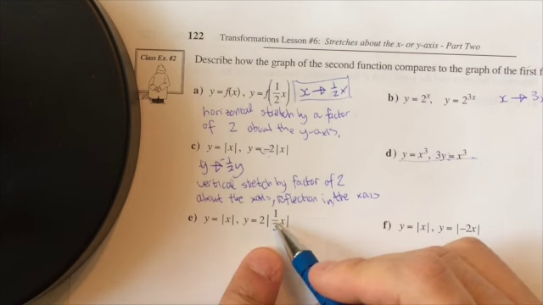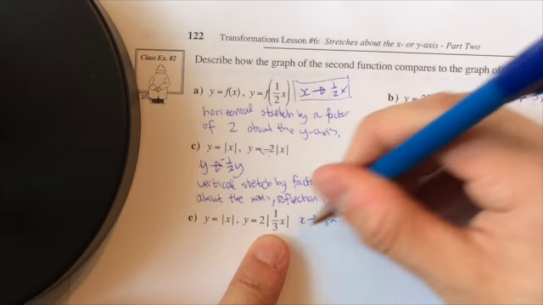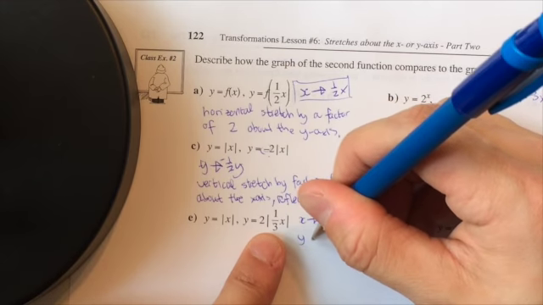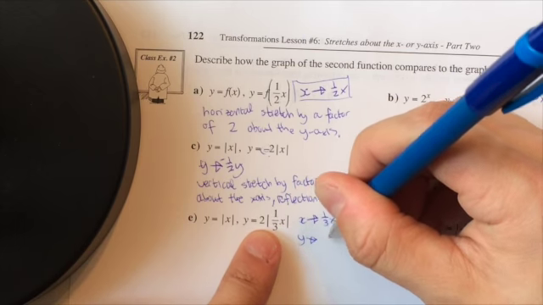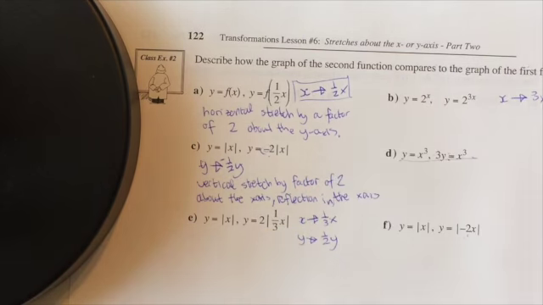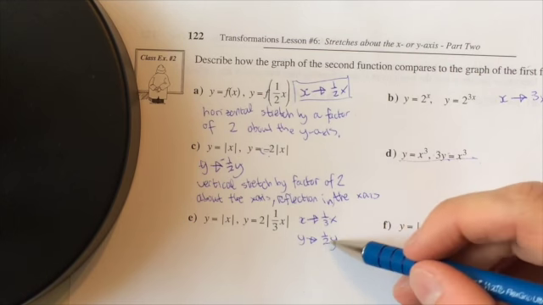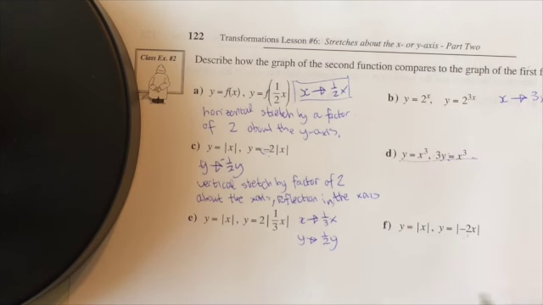So in this first one, I have a horizontal stretch by a factor of 3, and I also have a vertical stretch, and this vertical stretch is going to be a factor of 1/2. Or sorry, a factor of 2, so it'll be 1/2 my y values.